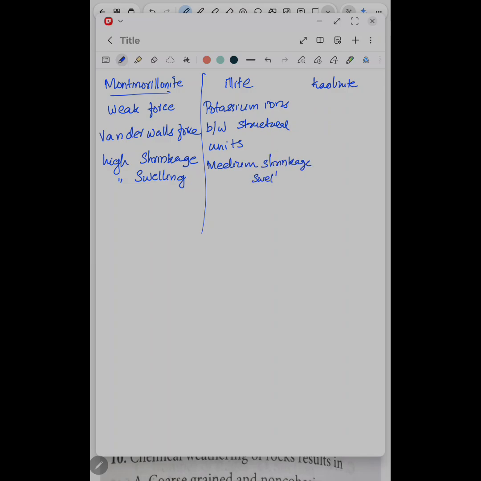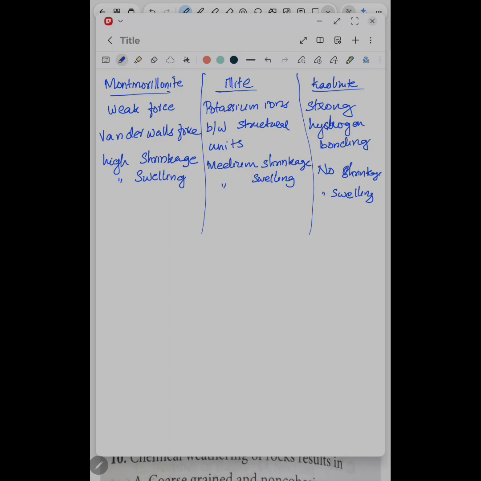Next is kaolinite. In case of kaolinite we can see strong hydrogen bonding, so no shrinkage and no swelling.